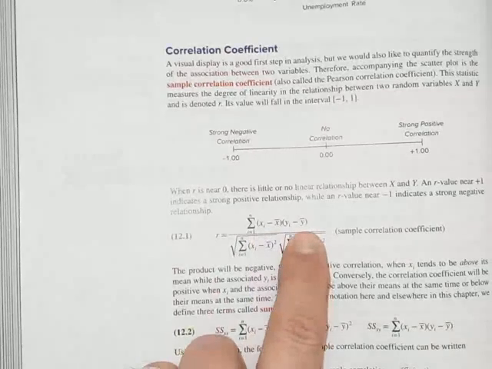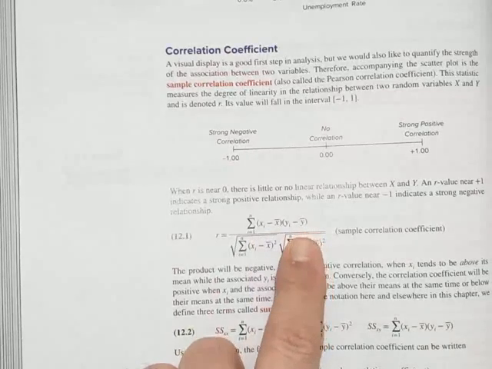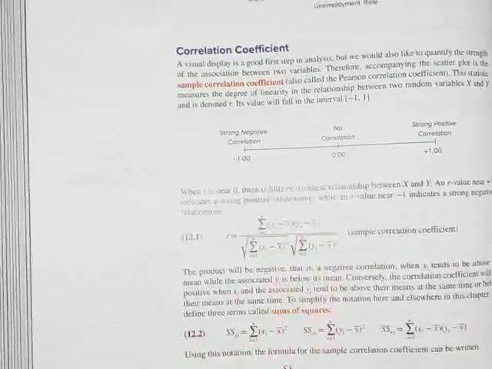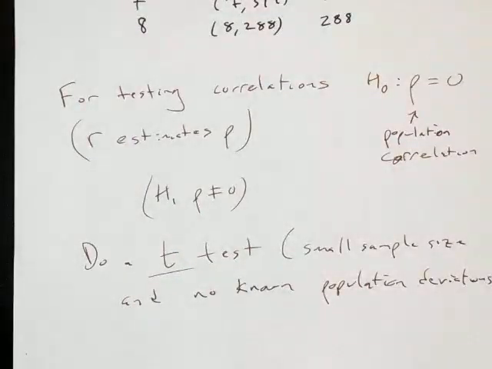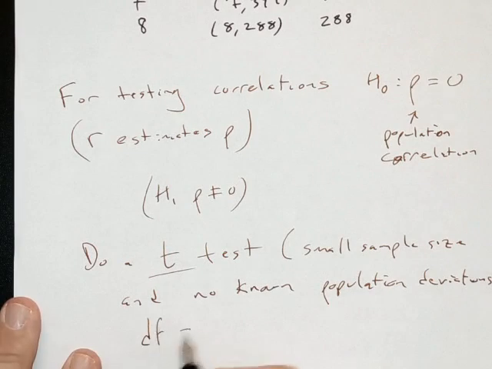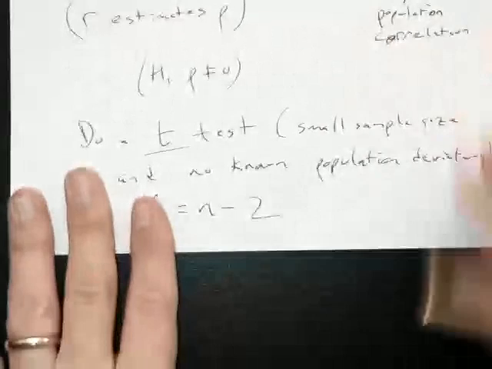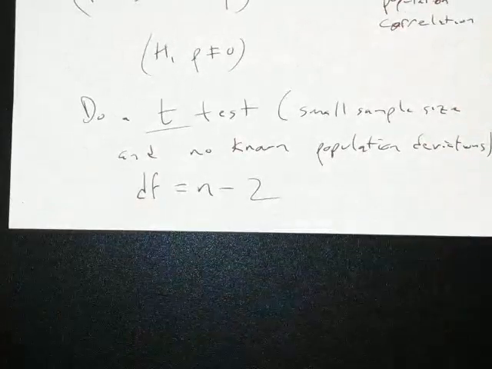So I used my information to compute two numbers. That means I need to take away not one, but two things from my degrees of freedom. I take away one for each thing I already calculated. I calculated X bar, I calculated Y bar, so my degrees of freedom go down by 2 instead of 1.